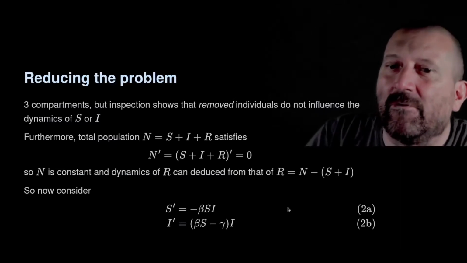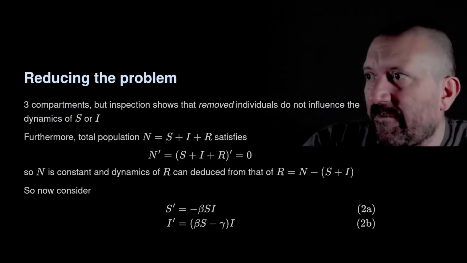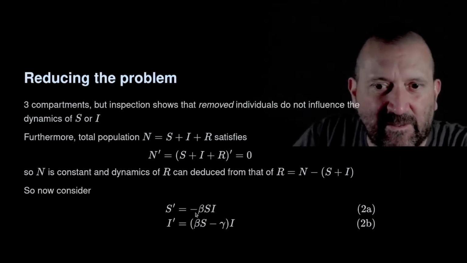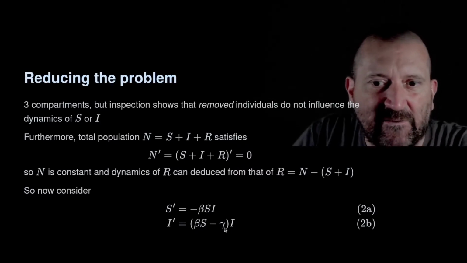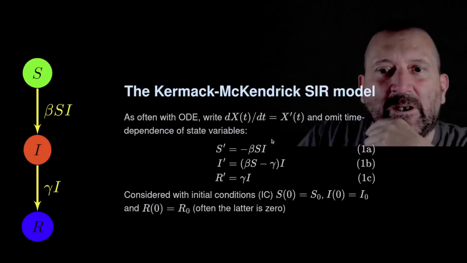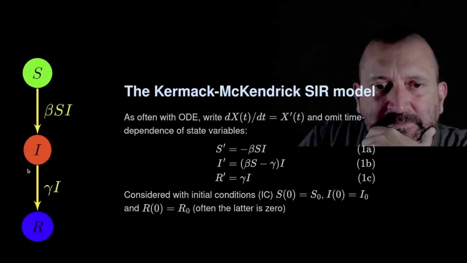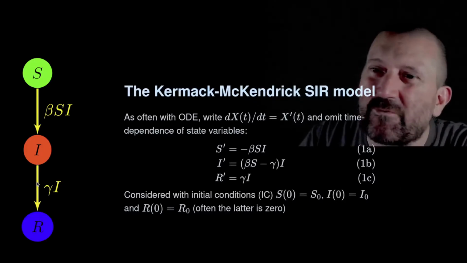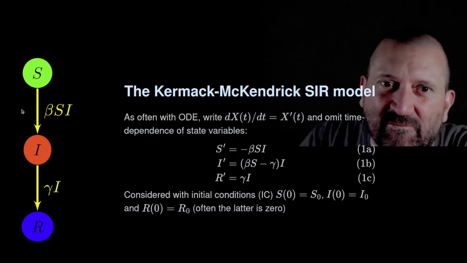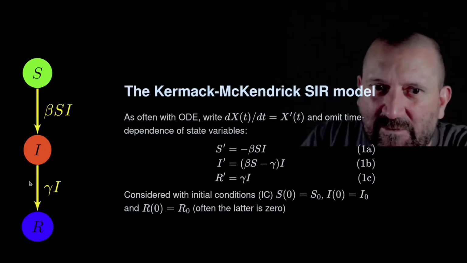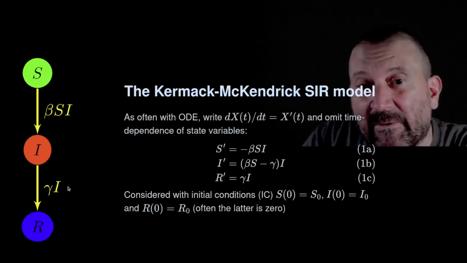So from now on, instead of considering the three differential equations, I'm going to look at two differential equations, minus beta SI and beta SI minus gamma I. Before I go any further, let me make a remark here, because it will be important throughout the models you do. This is a rate at which new infections are created, and I pointed out that this is what we call a per capita rate.